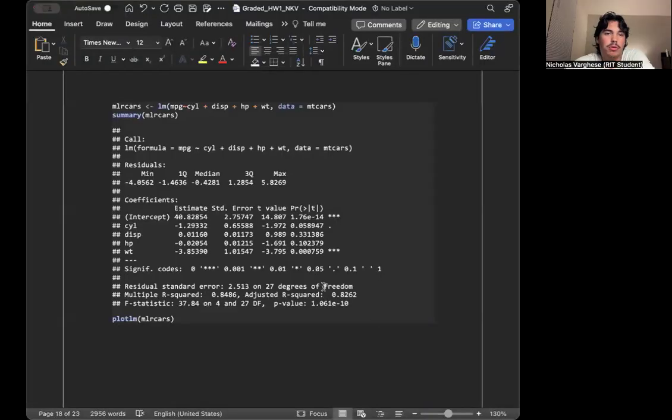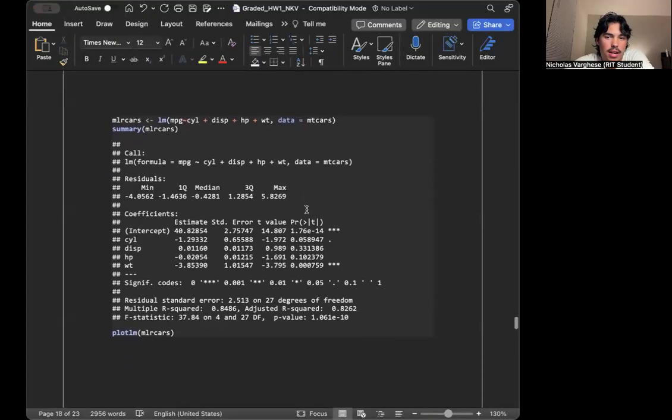All right, now to go on to exercise two, we'll briefly go over question five, which explains the significance between the explanatory variables and the miles per gallon.